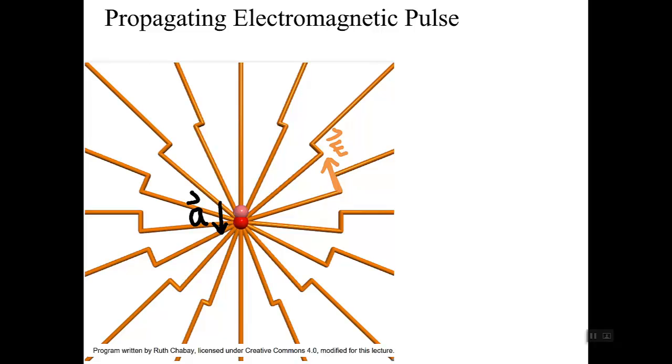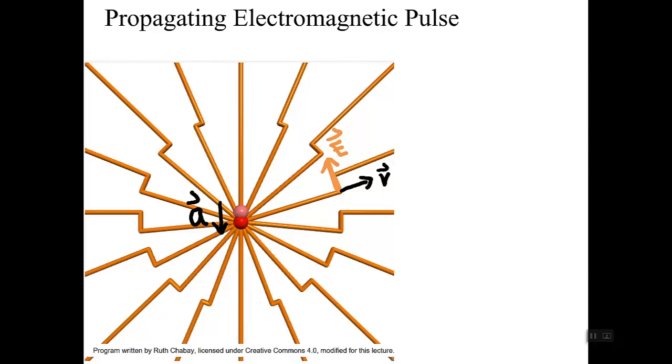That is perpendicular to the direction of propagation as indicated by the velocity vector v. We can show this is rigorously true for propagating electromagnetic fields by solving Maxwell's equations.